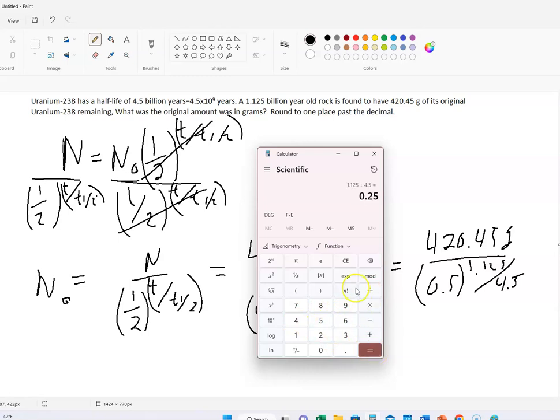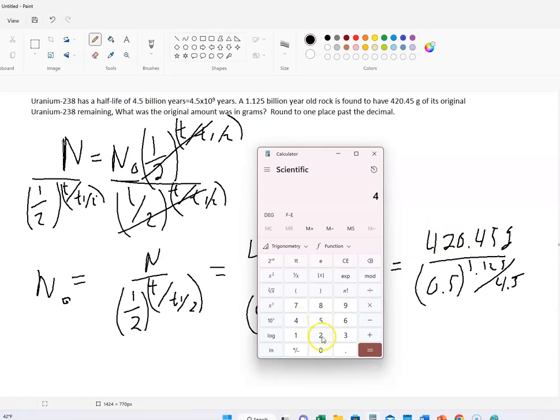All right, so we got that. It's 0.25. So we just say 0.5 raised to the 0.25. Remember, that's in the denominator.